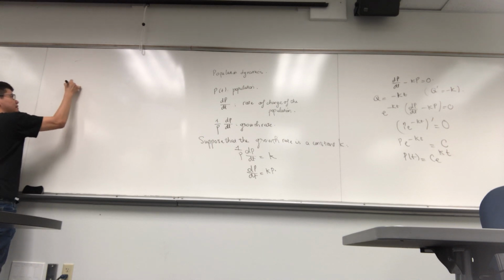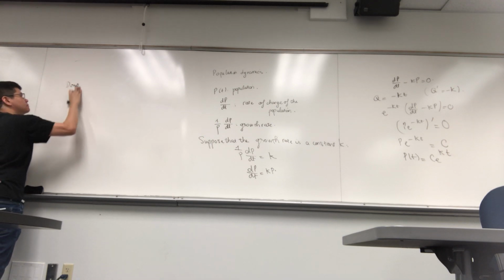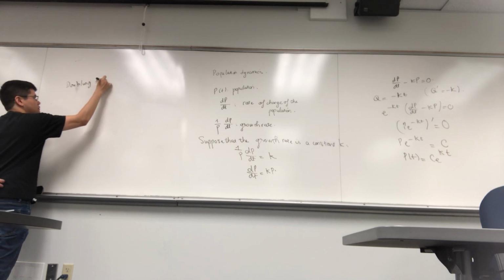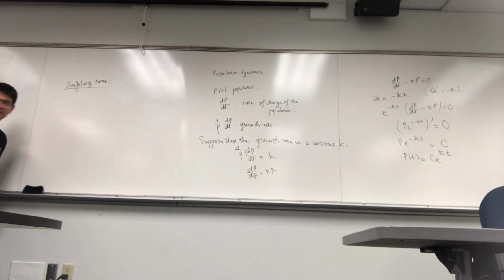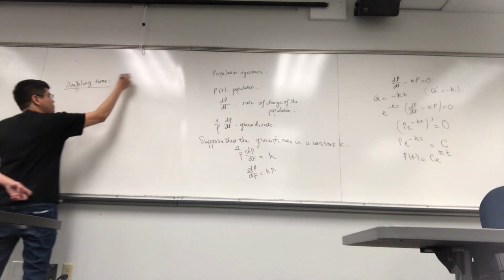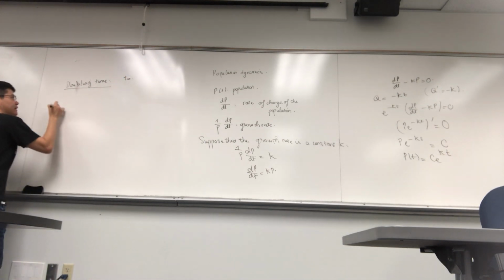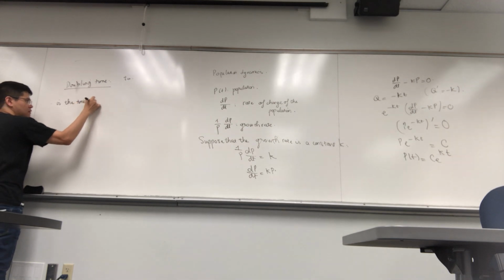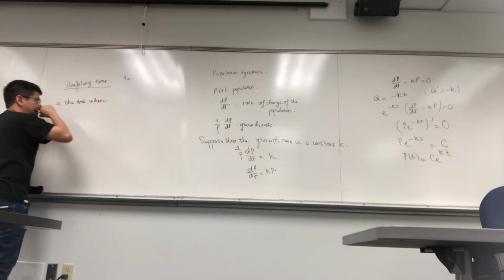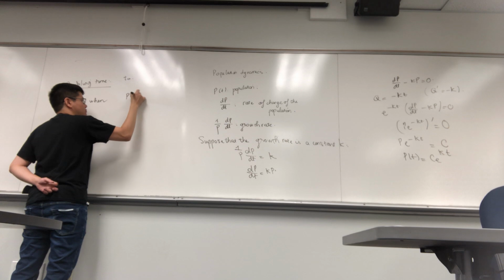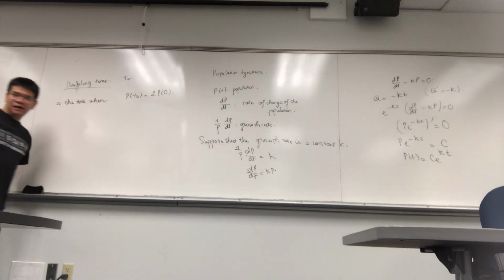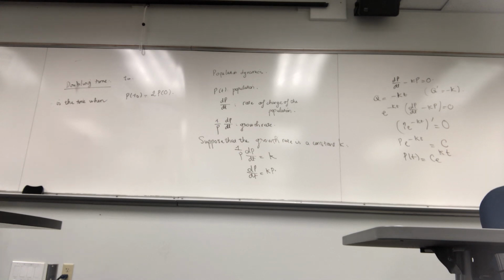We have doubling time. So doubling time t0 is the time when p(t0) is equal to 2 times p0, right?